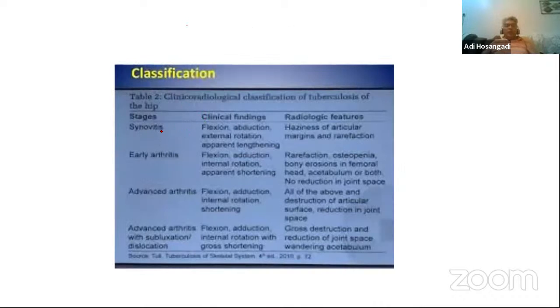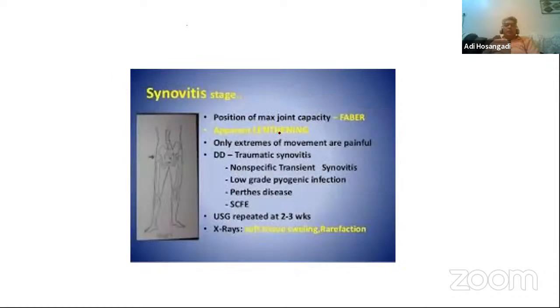See, this is what I was explaining: synovitis, early arthritis, advanced arthritis, and of course the stage of subluxation and complication. This I have already explained. Radiological features I will explain with the radiographs. Why does the limb go into flexion, abduction, that is FABER? It is maximum joint capacity.